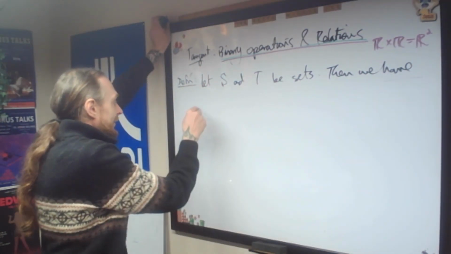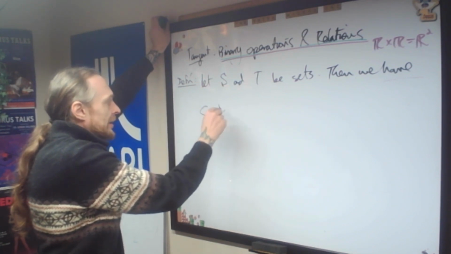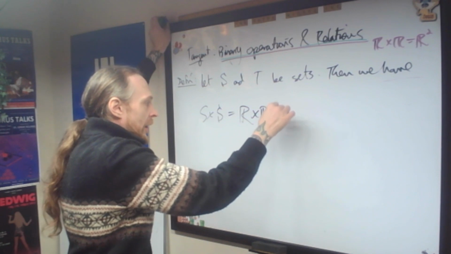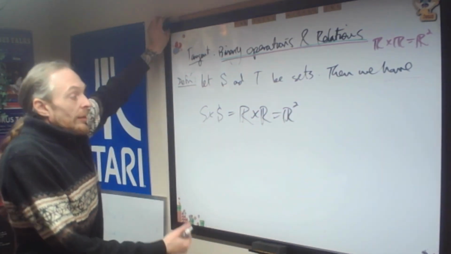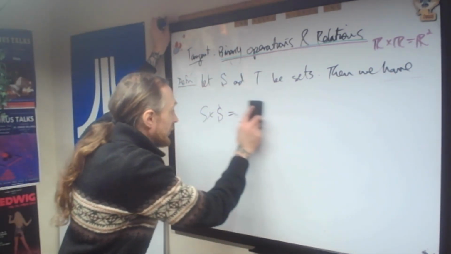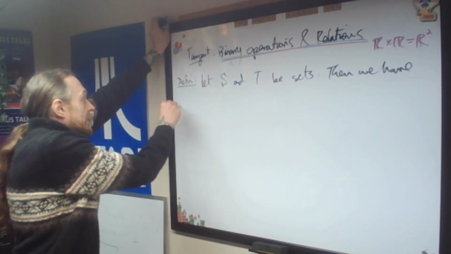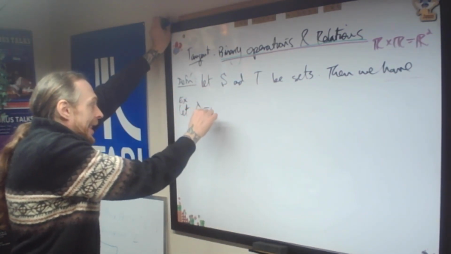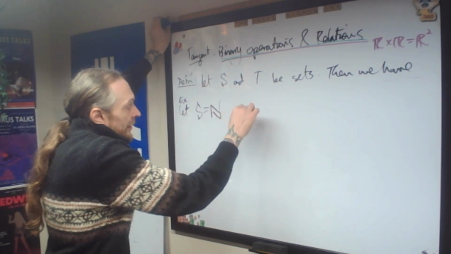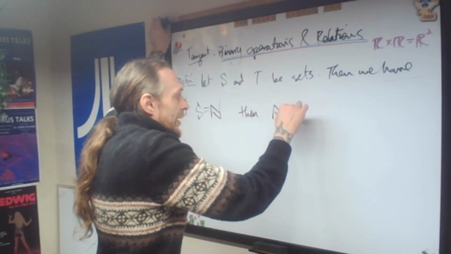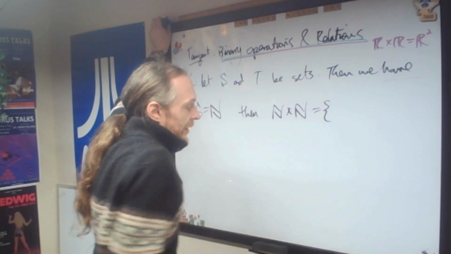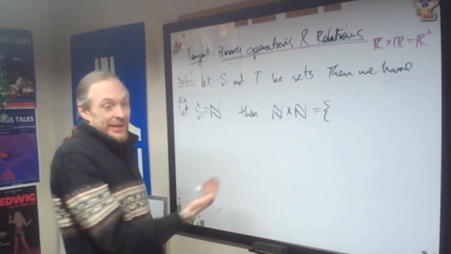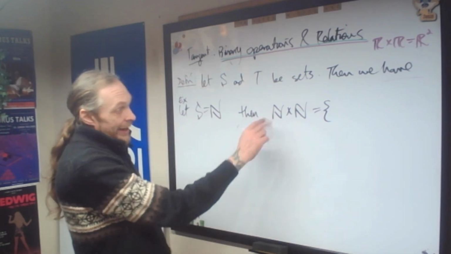So normally if I have S cross S, we'll talk about R cross R, say. We're going to call it R2. Definition, or example: let S equal N. Then N cross N is equal to, and I just used set builder notation, so I'll do it right now.